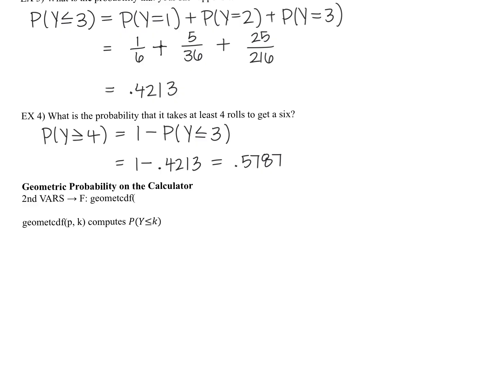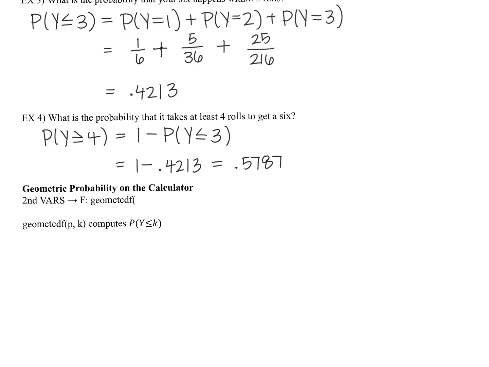The things you need for this are your probability, so that's your P, and then your X value, which again is your number of trials until the first success. So also your K. So Geomet CDF P comma K always computes the probability that y is less than or equal to K. So again, you always convert it to a less than or equal to inequality the exact same way as you did for a binomial distribution.